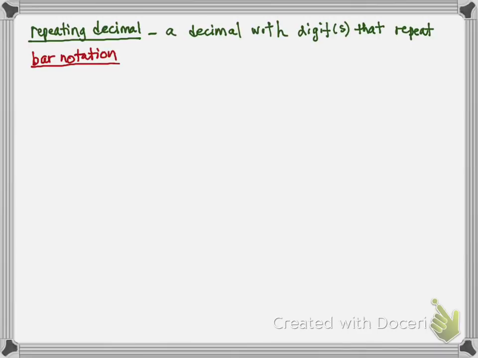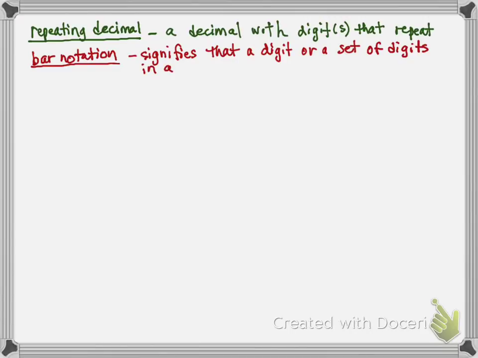So bar notation signifies, that means explains to the reader that a digit or a set, which is another way of saying group of digits, in a decimal repeat. Okay? So bar is just what it means. You're going to draw a line that covers what repeats.